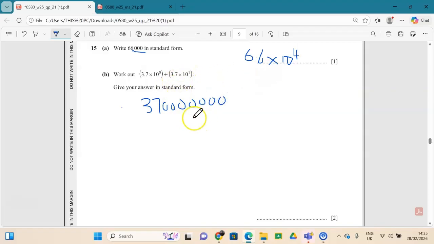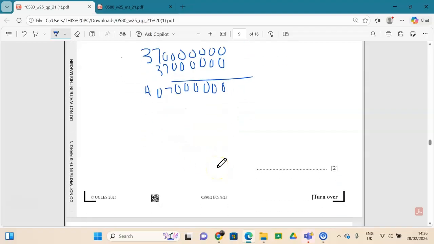Then if I change this, the zeros will also be short by 1, so I'm going to have 6 zeros. 1, 2, 3, 4, 5, 6, then my 3, 7. I'll just add it up and change to standard form to avoid any errors. Here we bring down 7. Here we have 10, we write 0 and move 1, and we have this.